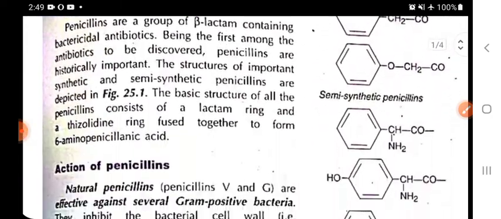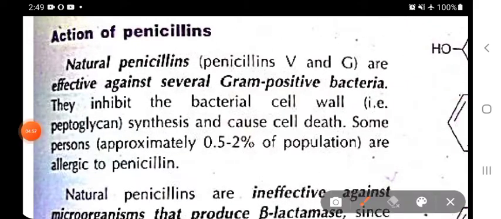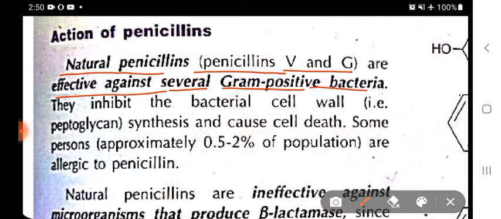So the action of penicillins, what is written here: natural penicillins are penicillin V and G. That's why they are called biosynthetic penicillins. So natural penicillins are effective against several gram positive bacteria. Now we name them gram positive and gram negative depending on the constituents present in their cell wall.